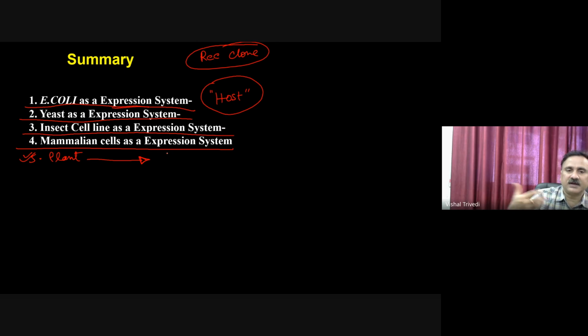Such as you express some protein and then the plant becomes resistant to abiotic stress, or it eases the abiotic stress, or it takes care of the deficiency of some metabolites and so on, right? So plant is not very common as an expression system compared to other expression systems such as E. coli, yeast, insects, or mammalian cells.